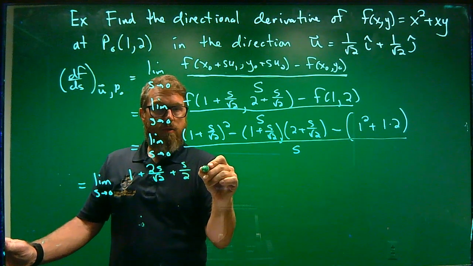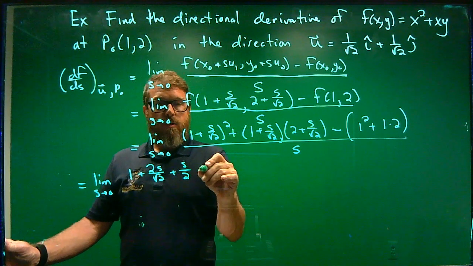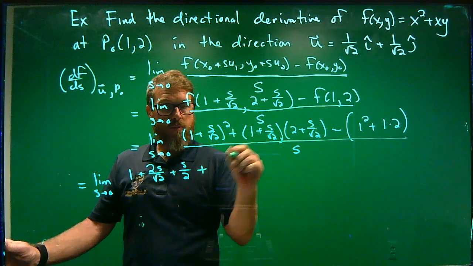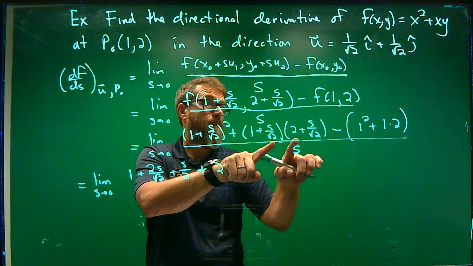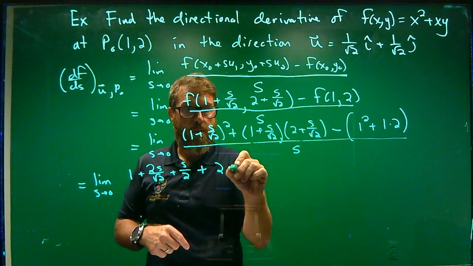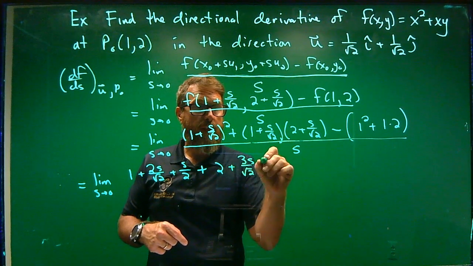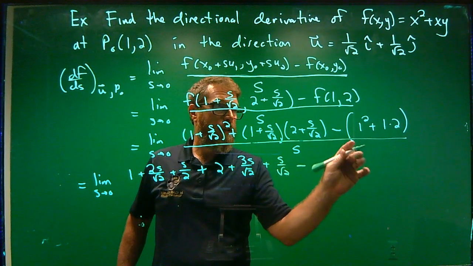And then I have to add, this times this. So 1 times 2 is 2. Outside is going to give us s over root 2. Inside is going to give us 2 of the exact same thing. So this is going to be plus 3s over root 2. And then plus that thing squared, so s squared over 2. And then minus, this will be 3.